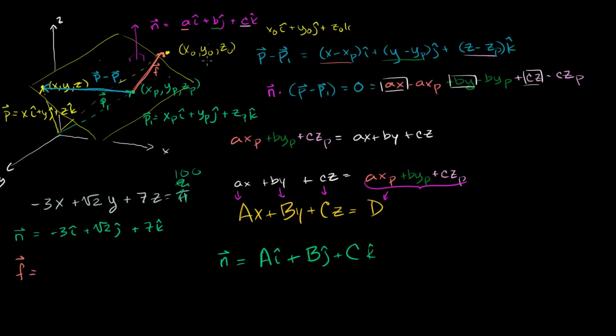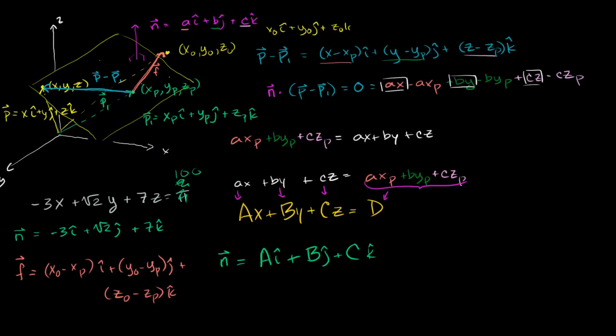Its y component is going to be the difference of the y coordinates. So it's going to be x naught minus x sub p, i, plus y naught minus y sub p, j, plus z naught minus z sub p, k. So fair enough. That's just some vector that comes off of the plane and onto this point.